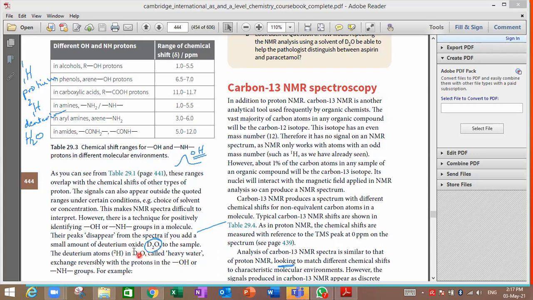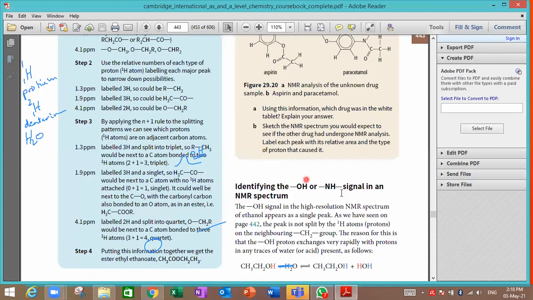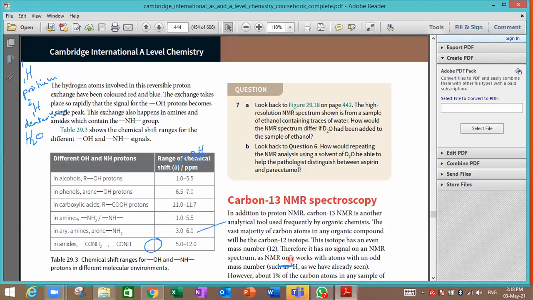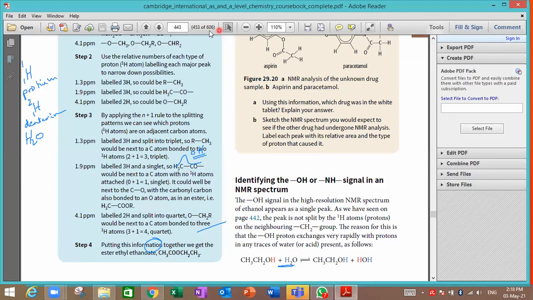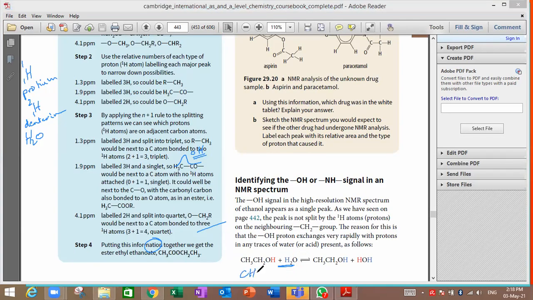Deuterium contains 2 protons and neutrons; the number of protons plus neutrons equals 2, an even number, and this means that it cannot absorb in the NMR spectrum. And we said that this H of the OH exchanges places with the hydrogen in the water, isn't it? So if instead of using water, I used deuterium oxide, then the exchange will be such that CH3, CH2, OD plus HDO.